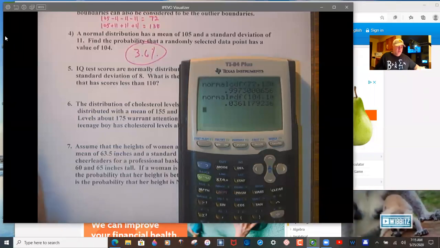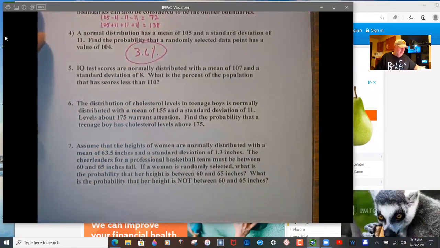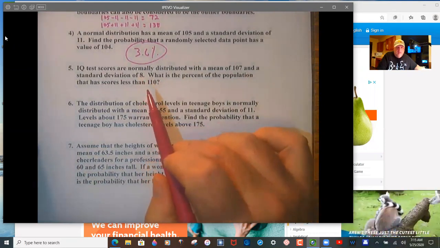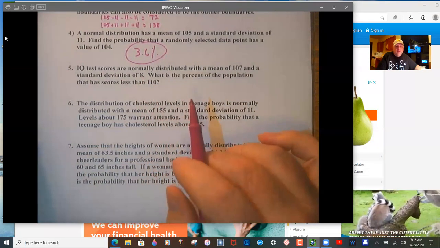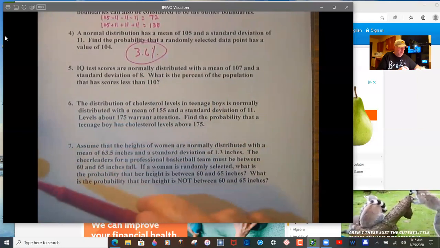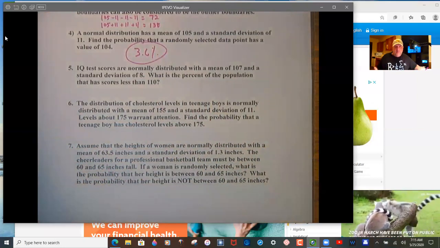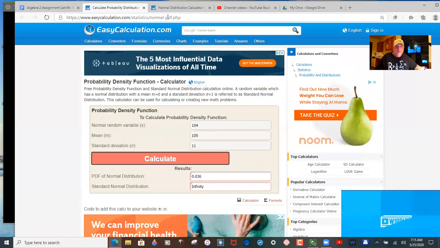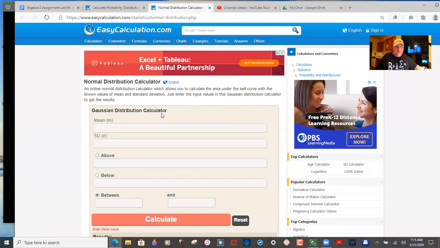Okay, so problem 5: 107, standard deviation is 8, and then less than 110. You can use negative infinity, but I'd like to use 0 because it doesn't make sense to say anything less than 0. Anyway, you need to go to the normal CDF calculator. That's this one, and you need to use the between ones at the bottom there.